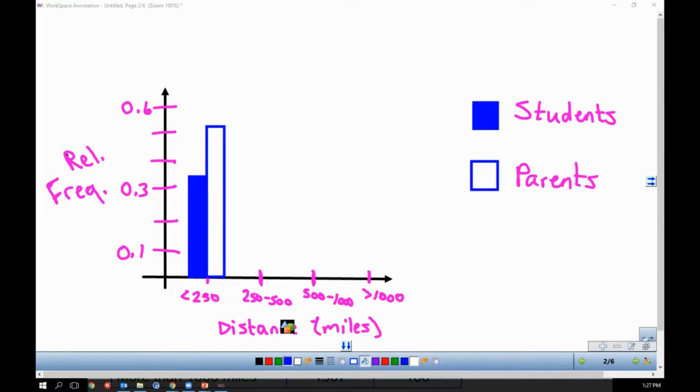Okay, let's see here. What was it for 250 to 500 for students? No, it's 0.31. Okay, and then what was that same one for parents?